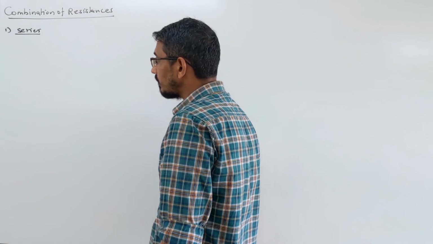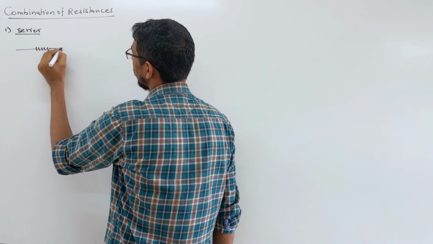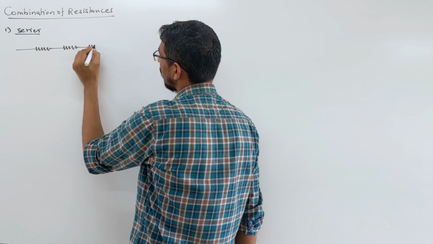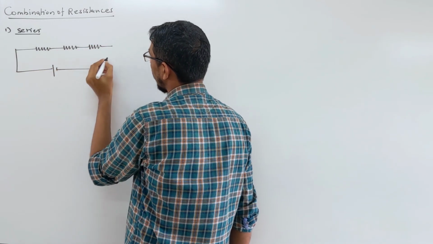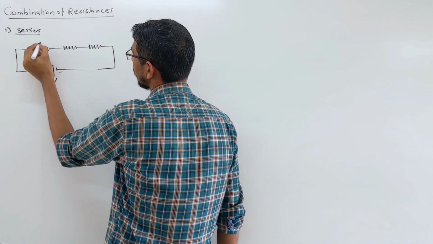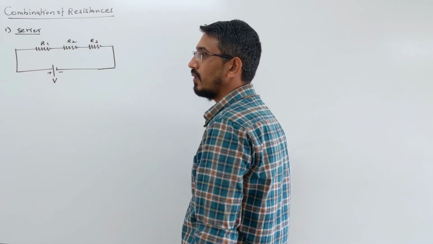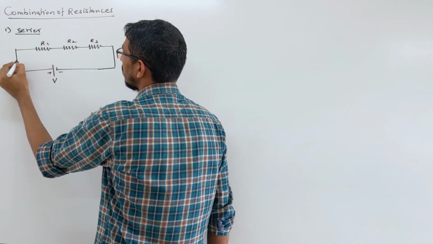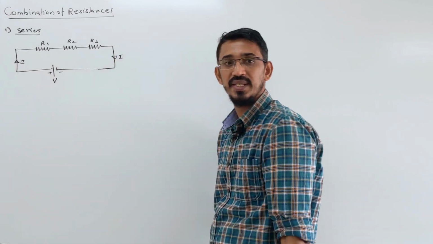Okay. So when resistances are connected in series, it means back to back connections, like this one. These resistances are called connected in series if they are connected this way to a battery, right? Everyone knows that when resistances are in series, the current flowing through will be exactly the same.